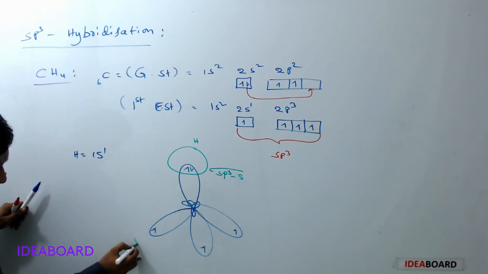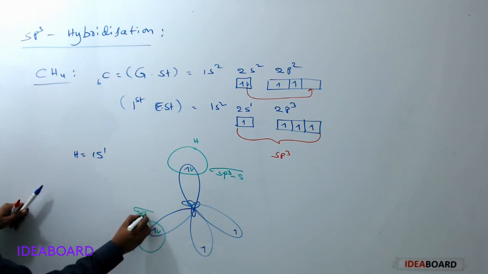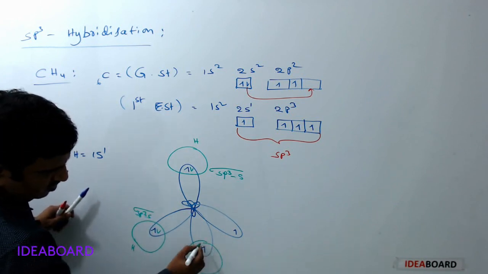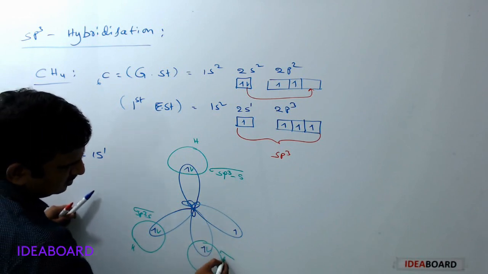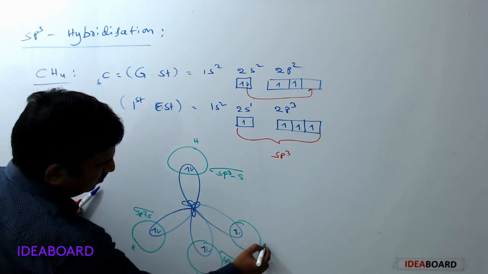Again another hydrogen, linear overlapping, and here also we get a sigma sp3 s bond, and the third one again hydrogen, same sigma sp3 s bond, and here also.